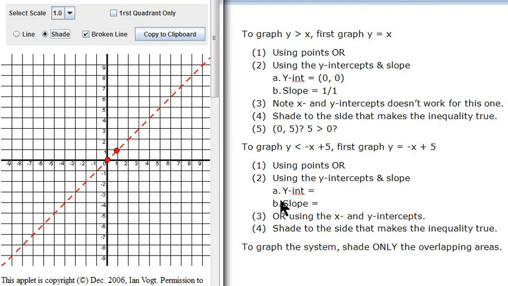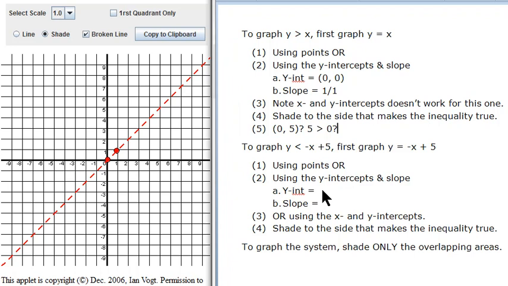I could use the y-intercept and slope. Here the y-intercept is 0, 5. And the slope is going to be negative 1. Or if you want to think of that as negative 1 over 1, you could do that. Or I could use the x and y intercepts here too. I'm not going to go through that right here.